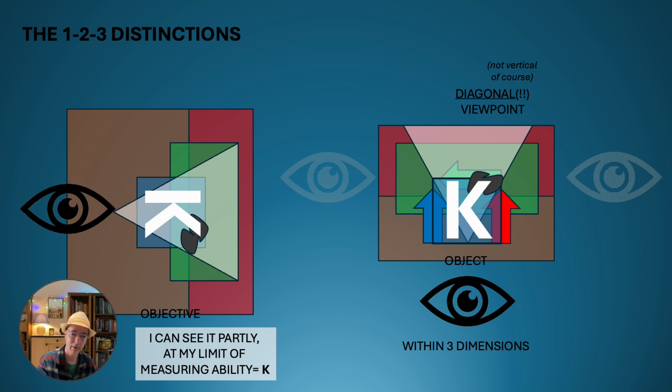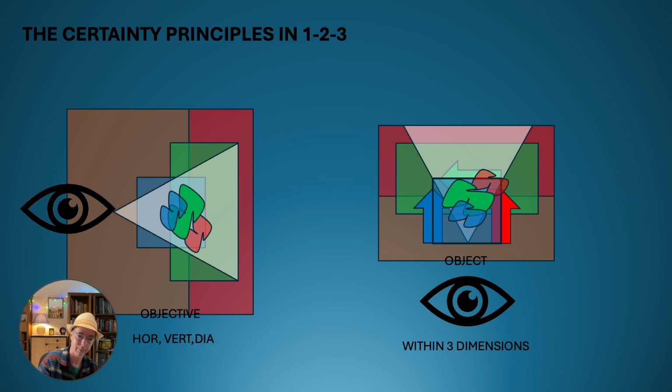Why do I have these three letters again? Because there's also that uncertainty principle there in three levels, and I have to explain them now better. In the K, here it's just a diagonal vision, and that's it. But this uncertainty principle I will explain better now.